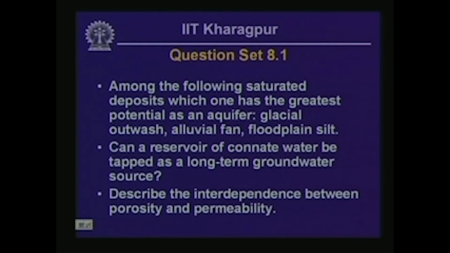Now if you recall from our previous lesson, what I said was that in order for the geologic unit to qualify as an aquifer, we need to have a fairly coarse grain size structure of the geologic unit, and as a result we are not going to prefer floodplain silt because that is going to have a relatively small permeability.